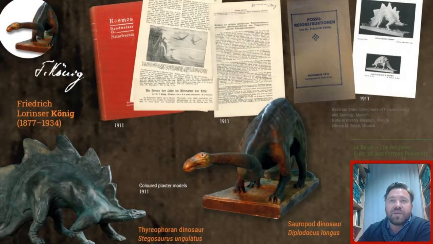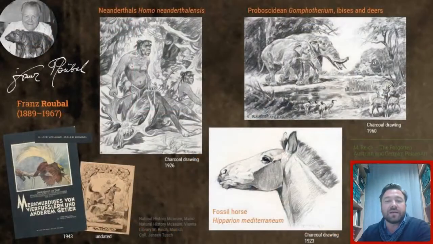A second person who was influenced by Othenio Abel very much was Franz Rubal, also mentioned by Stefanie during the first talk today in our session. Franz Rubal was a little bit younger than Othenio Abel, and he received a professional training as a painter at the Academy of Fine Arts in Vienna with Griepenkerl and Bacher.